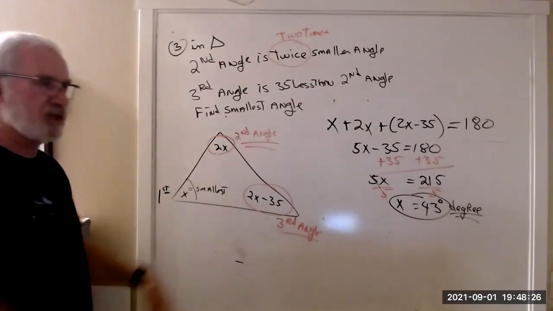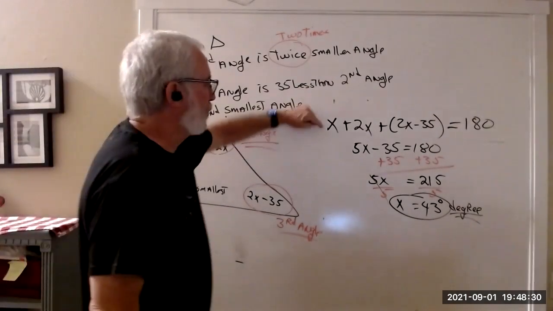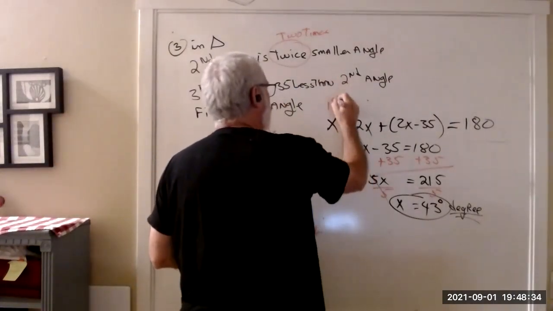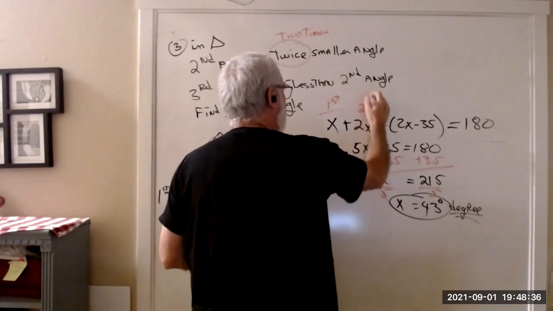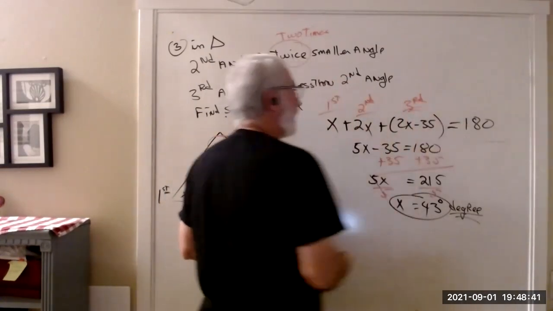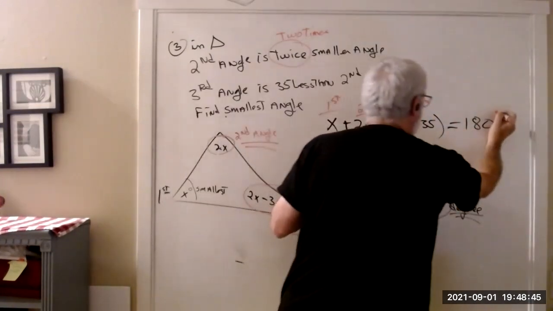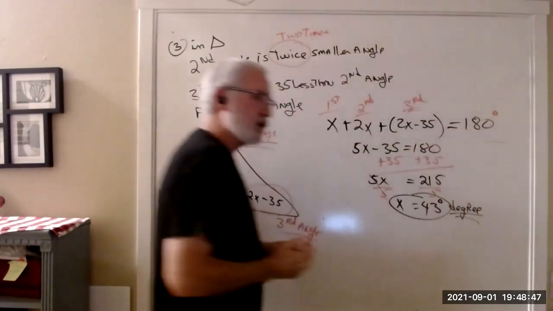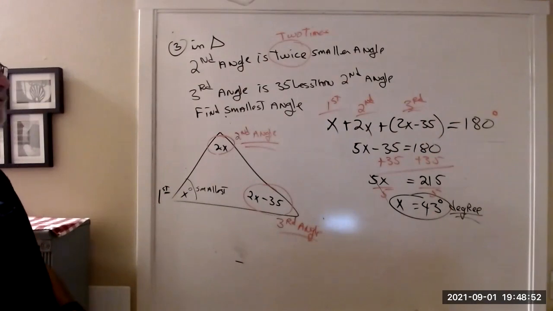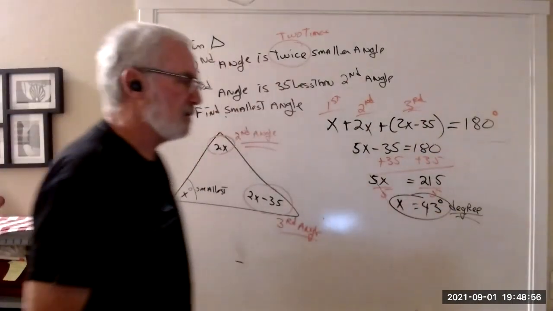Then we had to know that the three different angles, this was the first angle, this is the second, and this is the third, always add up to 180 degrees. I should have put that up here, degrees in a triangle, always. So we just solve it. And for our final answer, we use the units of degrees.